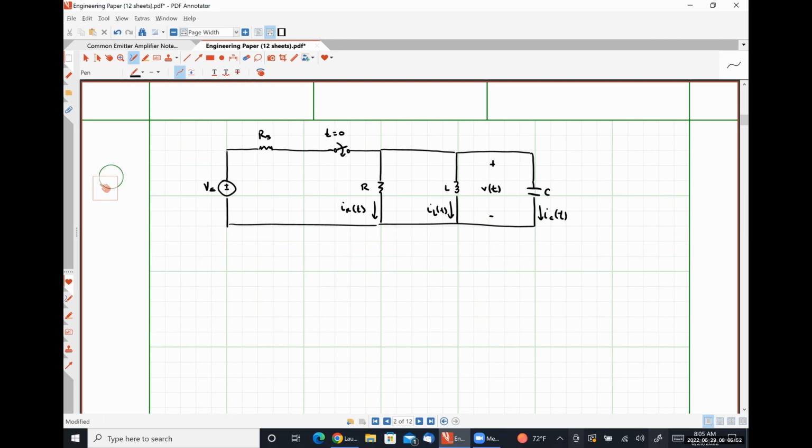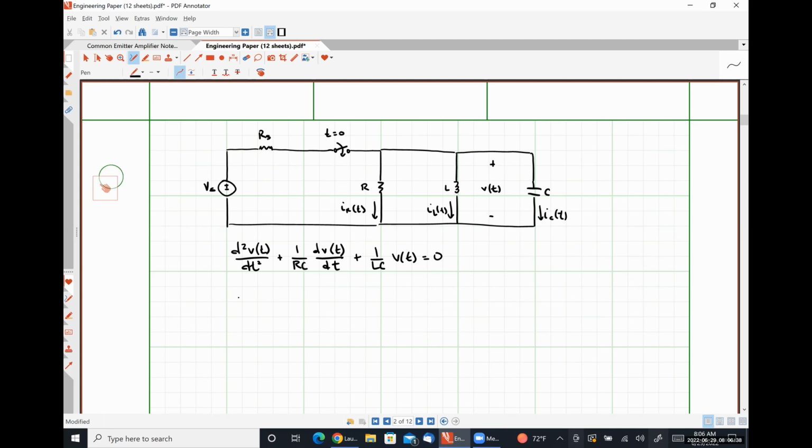When we derived our expression for a parallel RLC circuit, we wound up having a second order differential equation like this. This was our characteristic differential equation for our parallel RLC circuit.